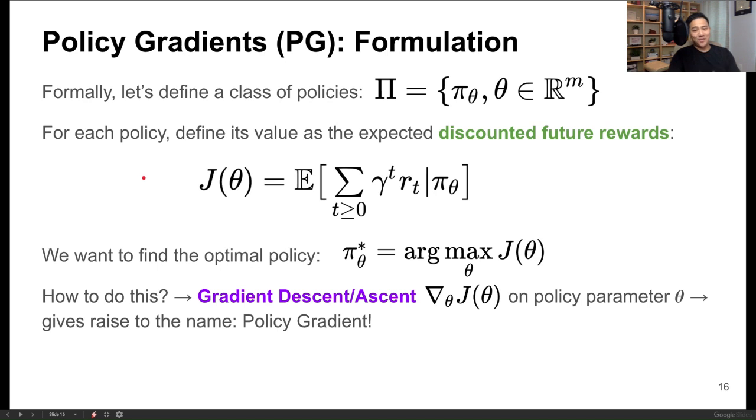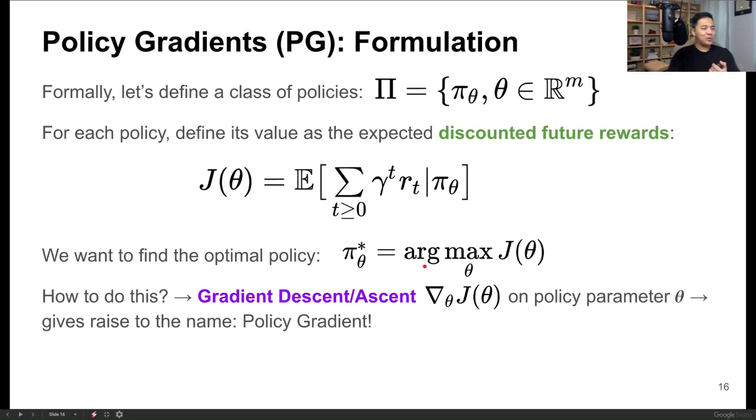You know this value from the last lectures, right? So it's the expected value of the discounted, so you have a discount factor here, sum of all the future rewards given a certain policy, right? The current policy that you're in. And then you're trying to find the optimal policy by maximizing these rewards, right?